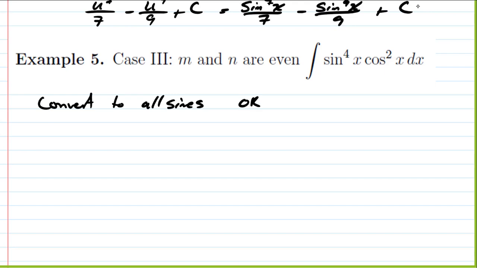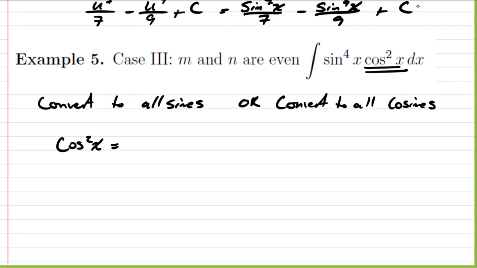Or convert to all cosines. And either way will get you the same correct answer. In this case, since cosine has the smaller exponent, it may be easier to convert it into sines, because cosine squared of x is going to be 1 minus sine squared x.